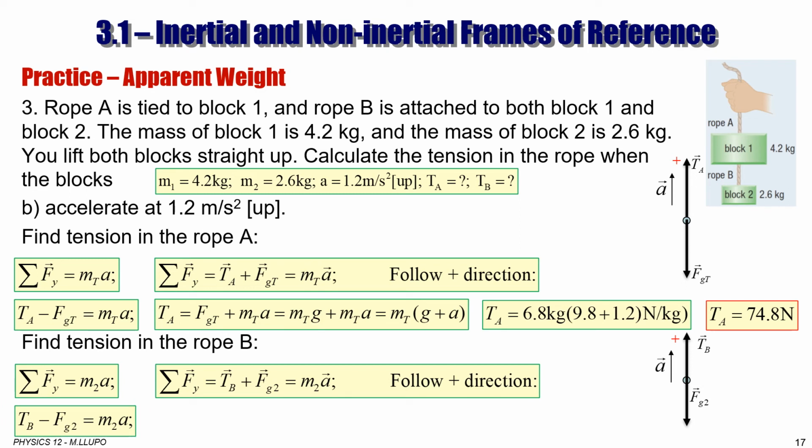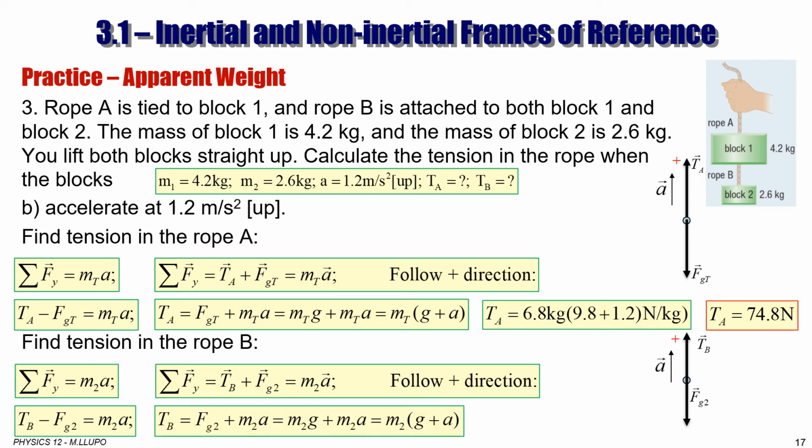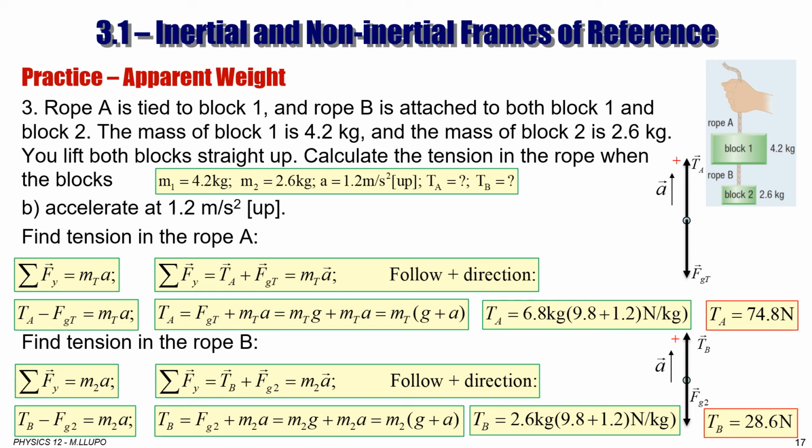So TB is positive minus Fg2 equals m2 a. Then TB is equal to m2 g plus m2 a. We factor m2 equals m2 times g plus a. And we are ready to plug those numbers now. And the last one is plug those in the calculator, and we get TB is equal to 28.6 Newton.